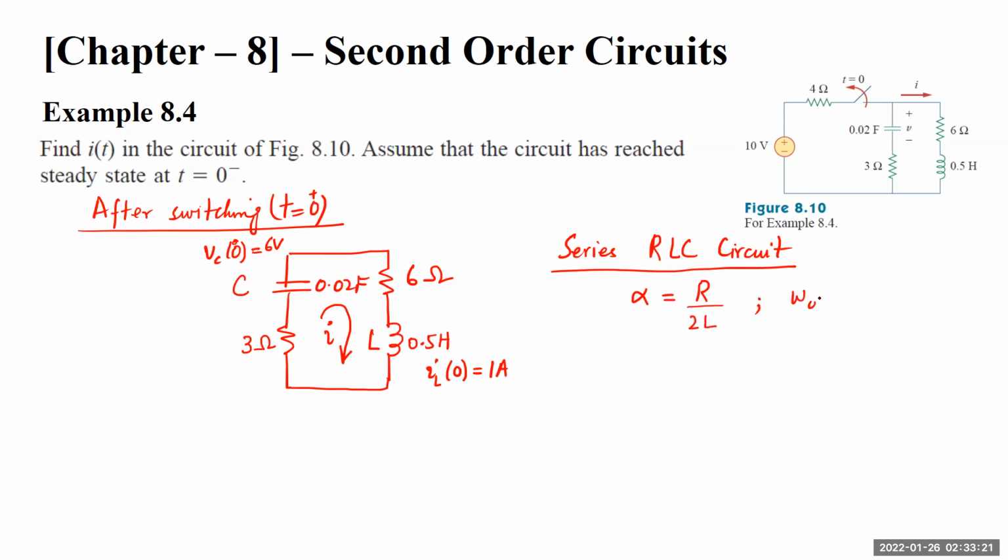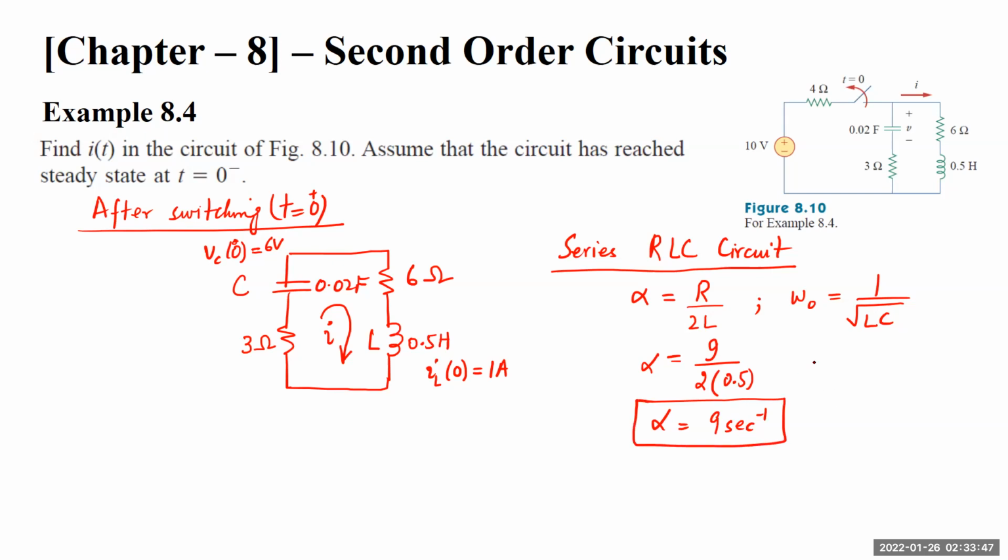We also have to find out omega naught, which is 1 by under root LC. So from this circuit, if we want to find alpha, alpha is R by 2L. The total resistance is 6 plus 3, 9, and the inductance is 2 multiplied by 0.5. So alpha is 9 seconds minus 1. So this is the value of alpha.